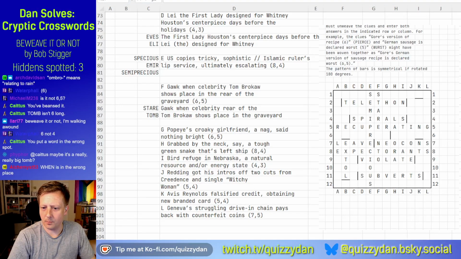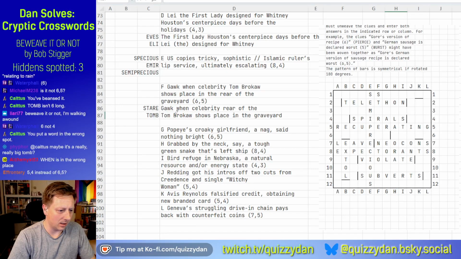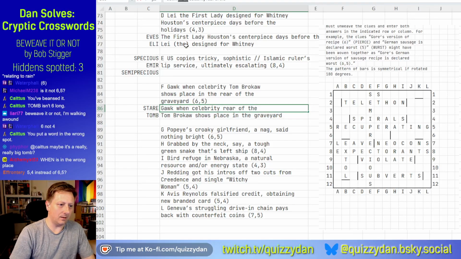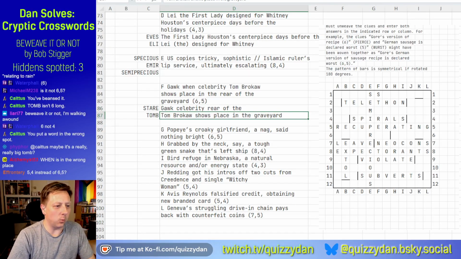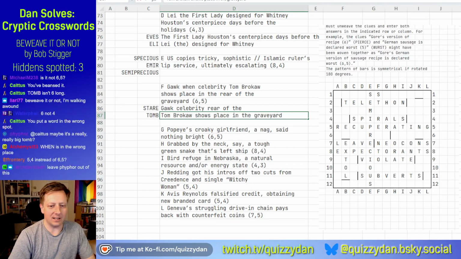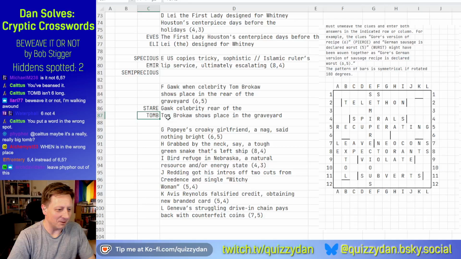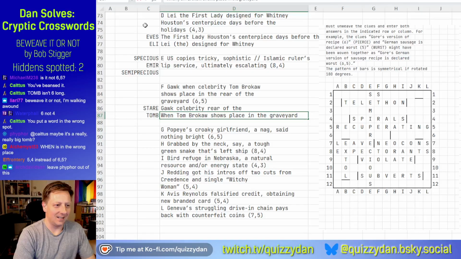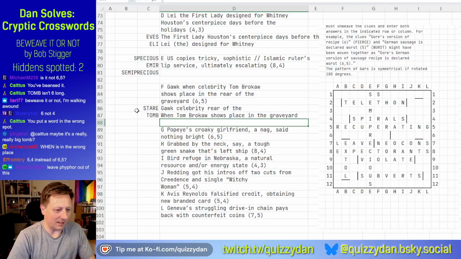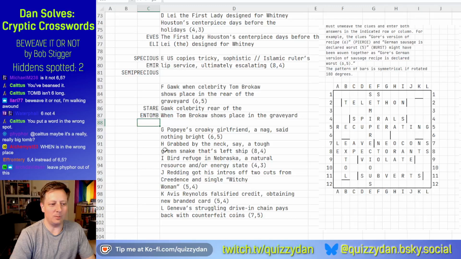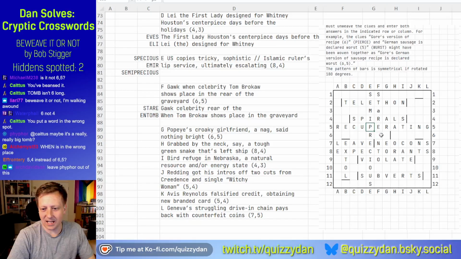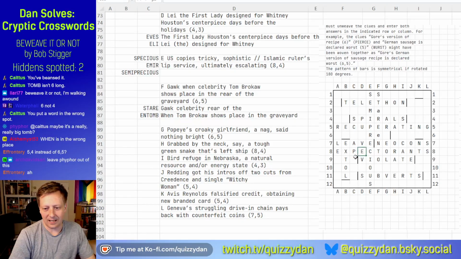Going back. Okay, Gawk. So when... Oh, wow. Okay, definitely taking the +1 away from that. Back down to 2. When Tom Brokaw shows place in the graveyard, Entomb, lovely. And so stare, and then we get Entomb there. Lovely.